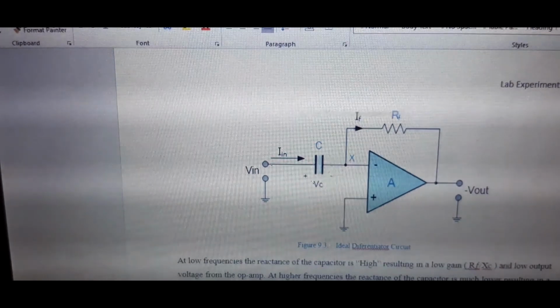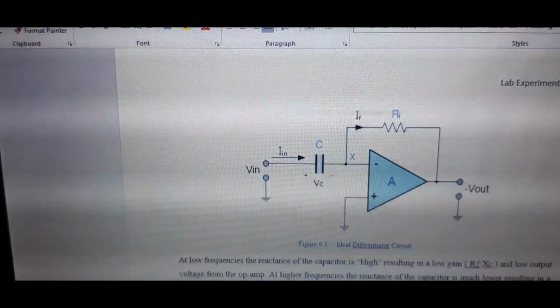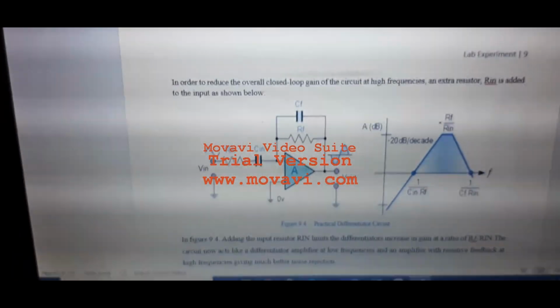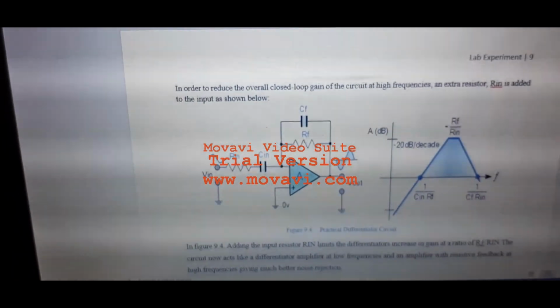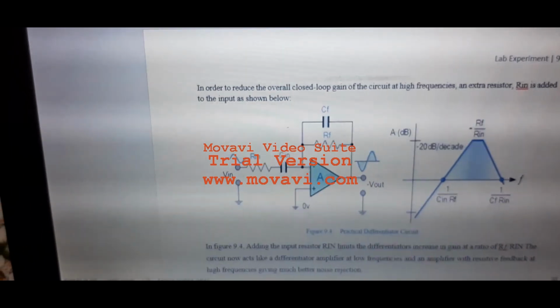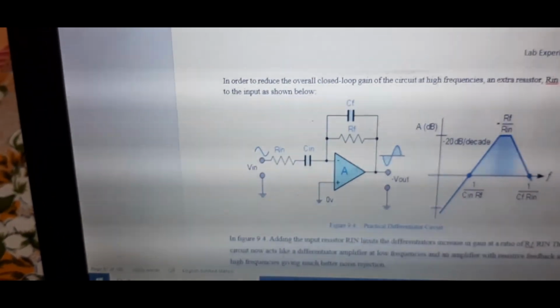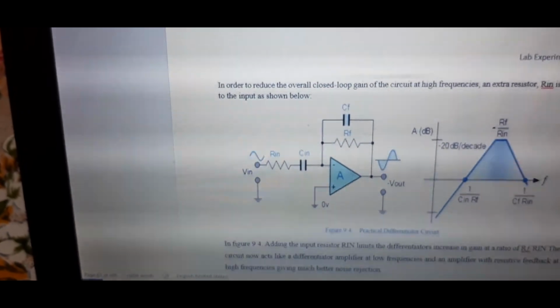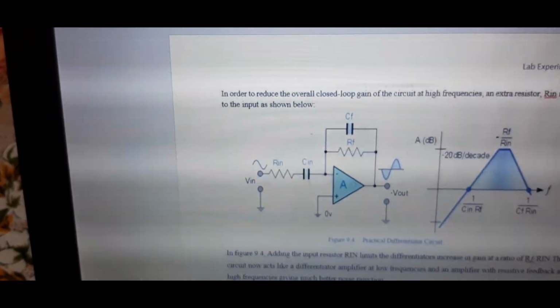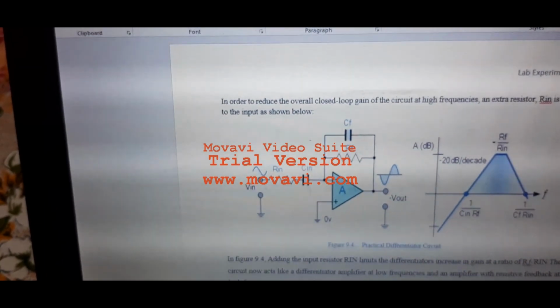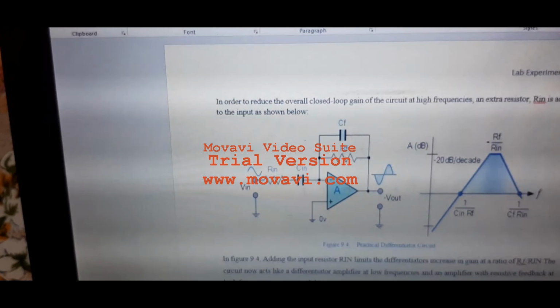So at high frequency, the op-amp based differentiator circuit becomes unstable and will start to oscillate. To avoid these oscillations, the high frequency gain of the circuit needs to be reduced by adding an additional small value capacitor across the feedback resistor, which is CF. As I told you earlier, this feedback capacitor is used to remove the noise and to control the oscillation at high frequency.